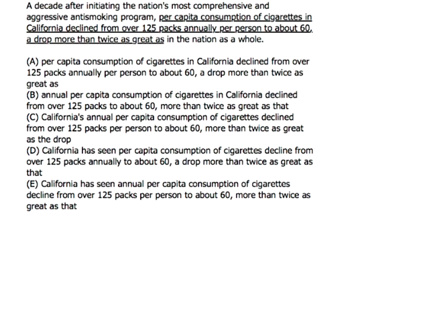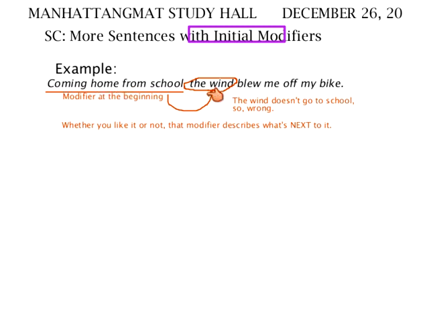All right, so again, the example that we opened with here was "coming home from school, the wind blew me off my bike." By the way, I know I've mentioned this in lots of previous sessions, but this can definitely never be mentioned enough: examples are the way that you should learn this stuff. Remembering examples is the ideal way of learning, because then you can make analogies to those examples when you see anything unfamiliar.